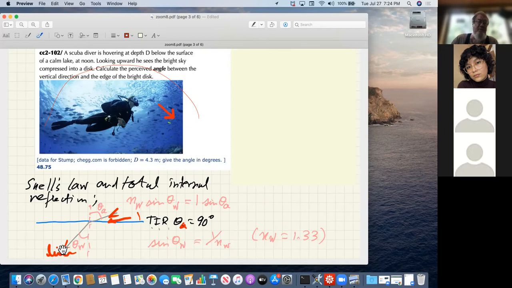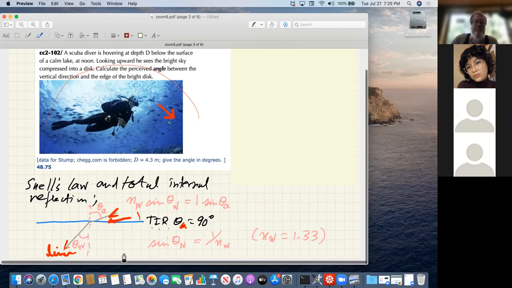If light was coming from below, hitting the surface at the angle for total internal reflection, all the light would be reflected and there wouldn't be any light coming into the upper region. So light comes from below, hits the surface, and does not emerge into the air if the angle is greater than the angle of total internal reflection.